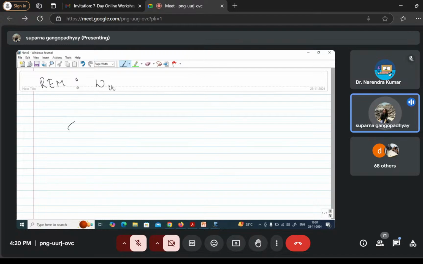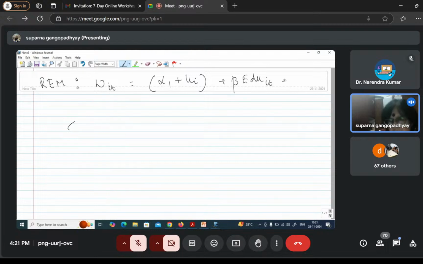Wait, that is the previous example. That means education being regressed on wage over different states and over different time periods. Now I have idiosyncratic error. So alpha 1 plus ui plus beta education it plus epsilon it. For the time being, write this alpha as just alpha 1 plus beta education for simplicity.